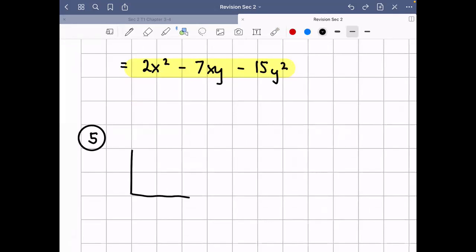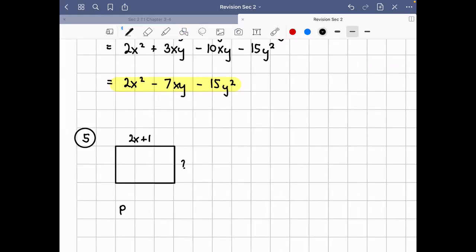The length is 2x plus 1, and the breadth we don't know. The perimeter is 4x squared. We are going to use the perimeter formula for a rectangle: P equals twice the length plus twice the breadth.